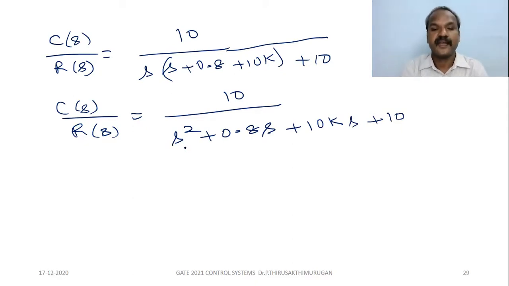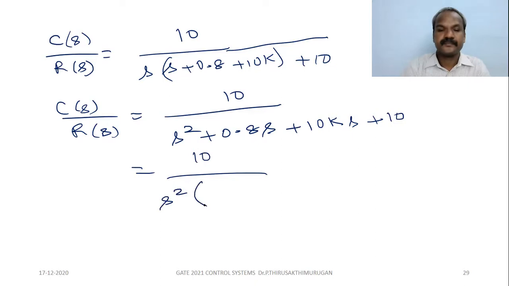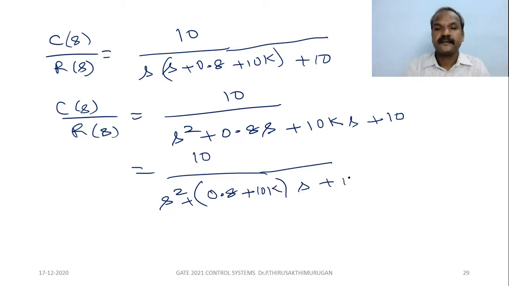Again, bring it to common term, S square plus, we take S common term, 0.8 plus 10K, plus 10K plus 10.